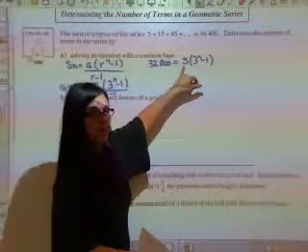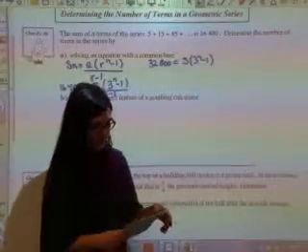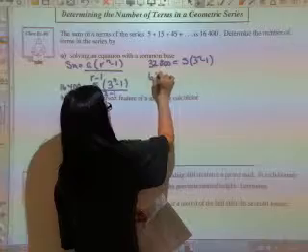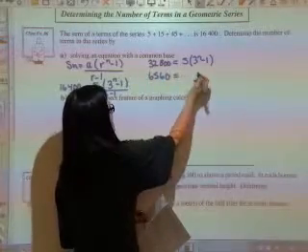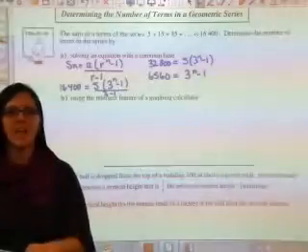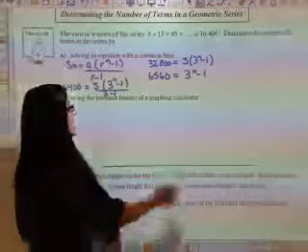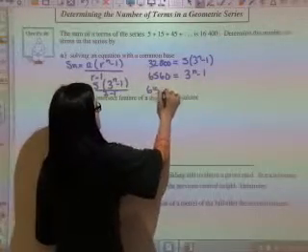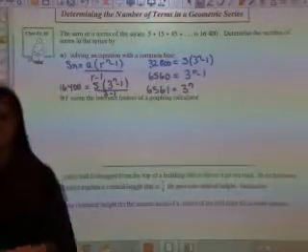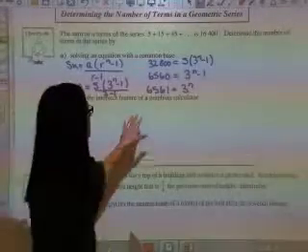So divide by 5. And when I divide by 5, I get 6,560 equals 3 to the power of n minus 1. Add 1 to each side. And I get 6,561.